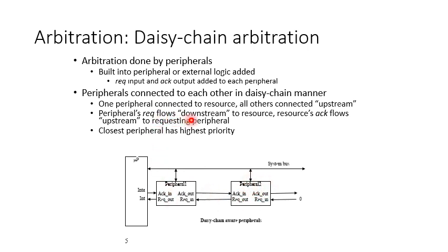Peripheral requests always flow downstream, this way towards the processor, to the resource. The resource acknowledgement flows upstream, this way from peripheral 1 to peripheral 2. The closest peripheral has the highest priority. So you can see that peripheral 1 will have the highest priority, and it is similar to our fixed arbitration.